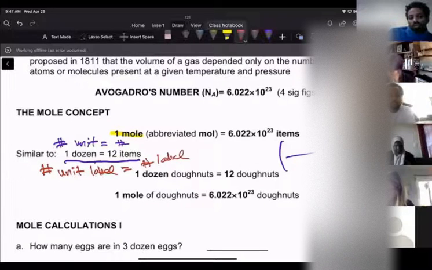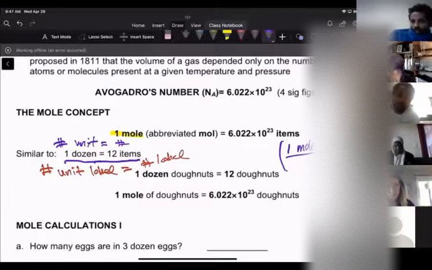Let me explain what I mean. I could say I have 1 mole of chairs. How many chairs would that be? That would be 6.022 times 10 to the 23rd chairs.